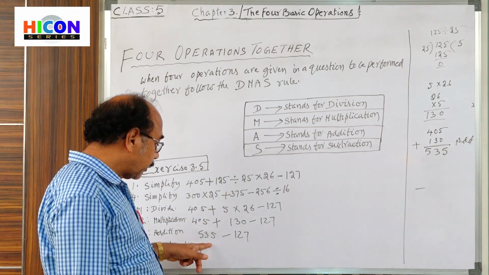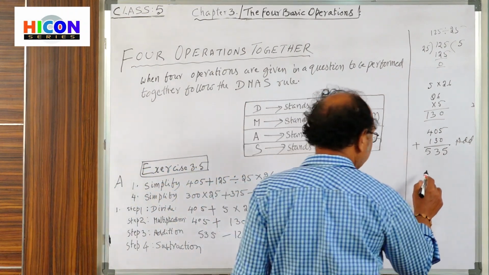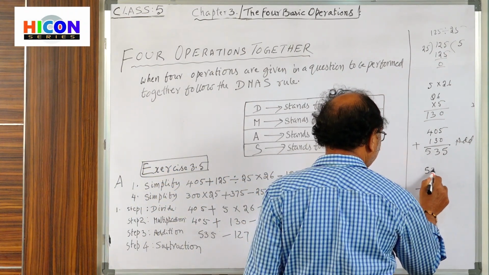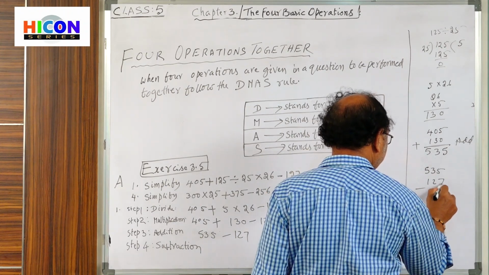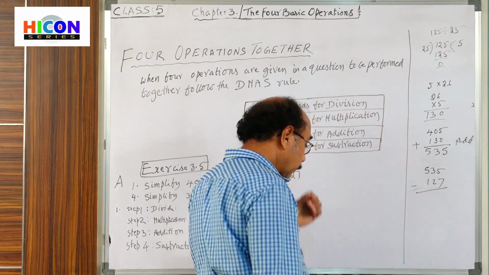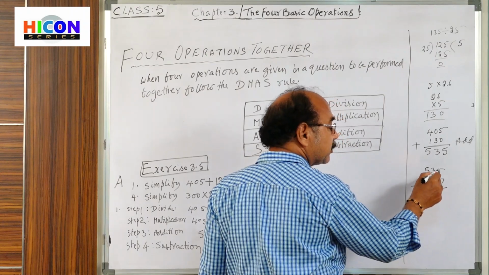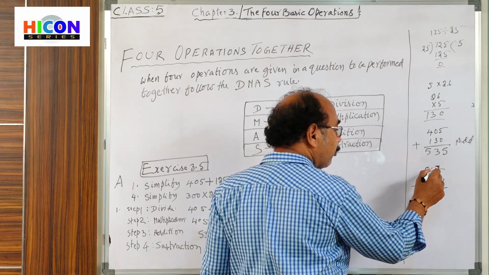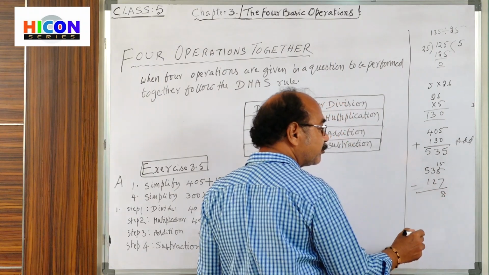From 535, subtract 127. Subtract. Okay, children? 5 minus 7, so ask borrow from its before place. 5 becomes 15. 15 minus 7, how much? 8.